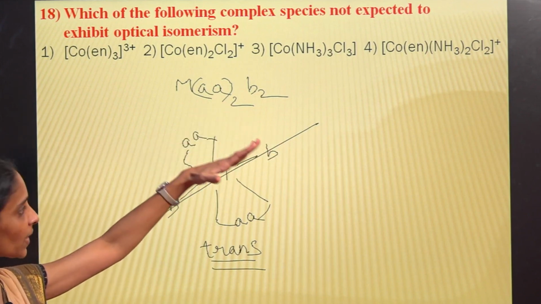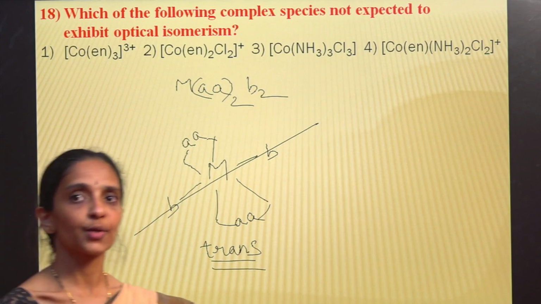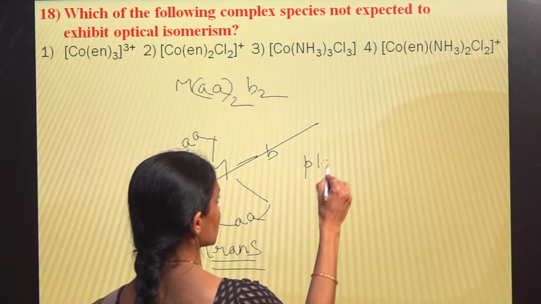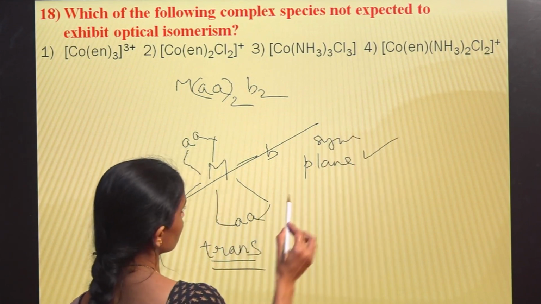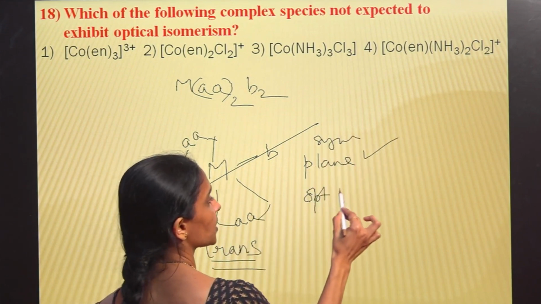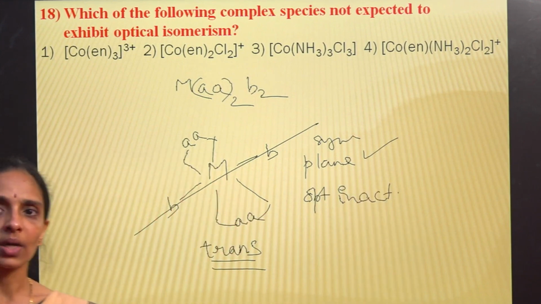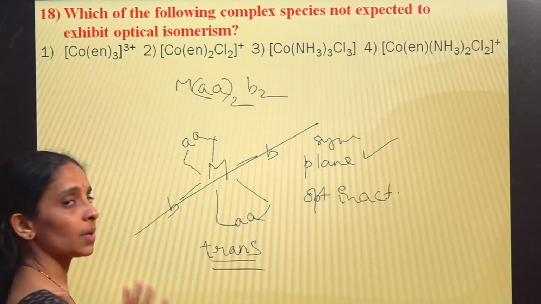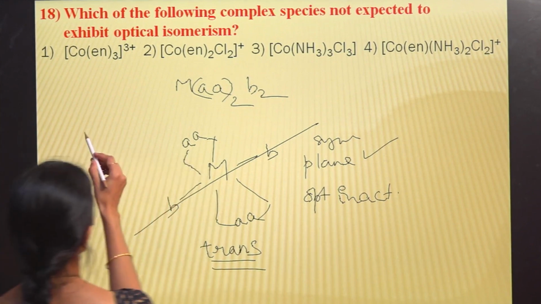If you pass such a plane through the molecule, it divides the molecule into exact two halves. So because there is a symmetry plane, what happens? The trans form is optically inactive. Plane of symmetry iruva karana trans is optically inactive. But what about the cis form? Let me write the cis form here.